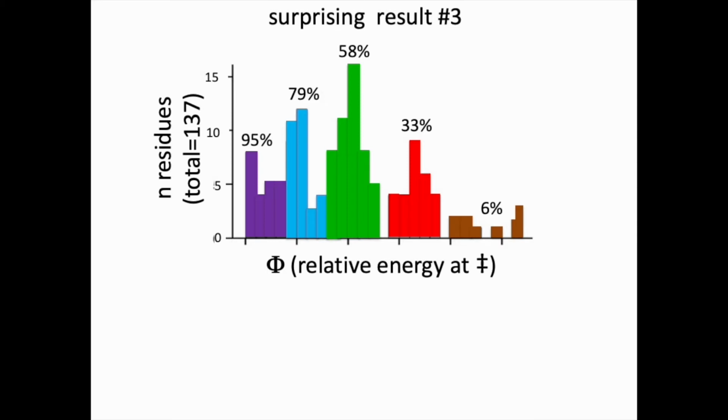It's surprising because no one really had made such measurements before, and it wasn't known that there would be any distribution whatsoever. I think most people would have expected phi values all across the map, or maybe all at 1 and 0 and nothing in between.